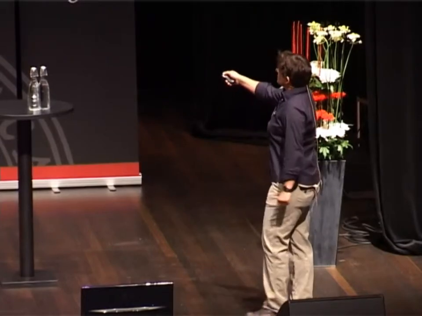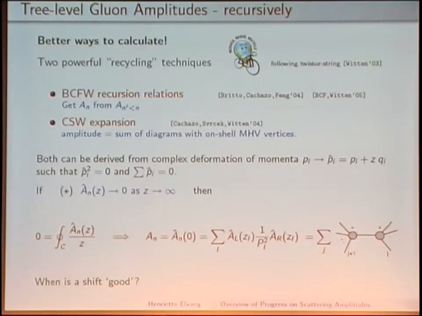Now, both of these methods can be derived from complex analysis in a way that you've probably seen before. You take momenta and shift them into the complex plane by some parameter z, and you do it in such a way that the momenta stay on shell and you preserve momentum conservation. Then the amplitude is a complex function of z.